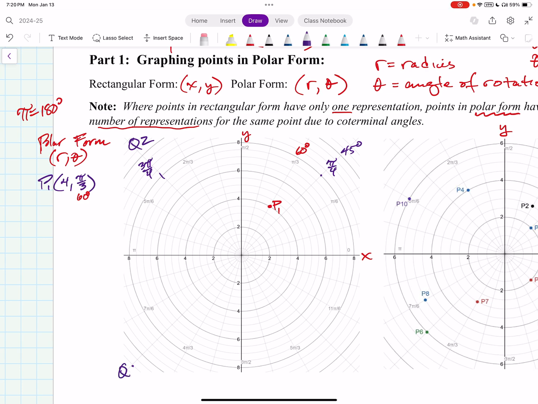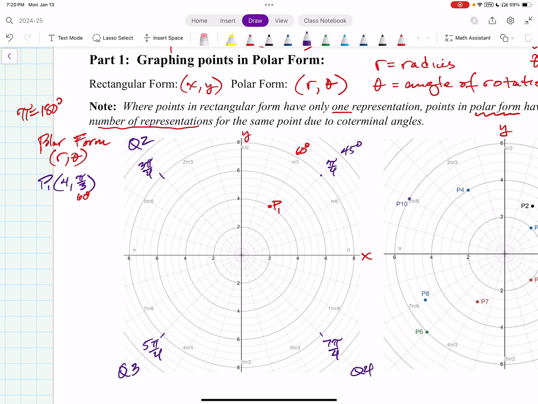In quadrant 3, right here, we have 5/4 pi. In quadrant 4, over here to the bottom right, we have, as you know, 7/4 pi. That's nothing new because we practiced the unit circle. So now we have all the multiples of 30 degrees, 60 degrees, and 45 degrees, and now we're ready to rock and roll.